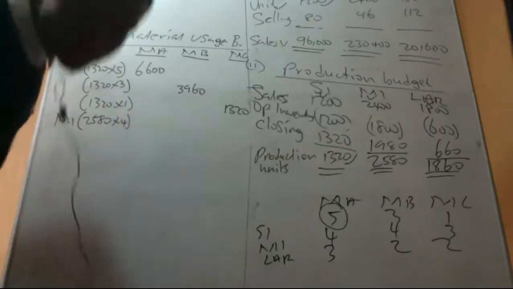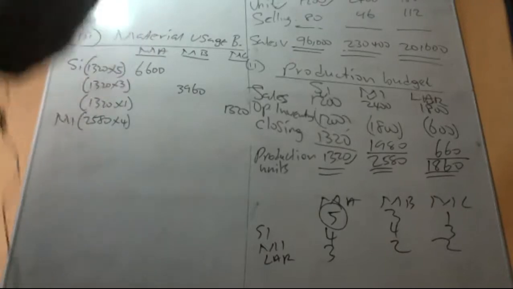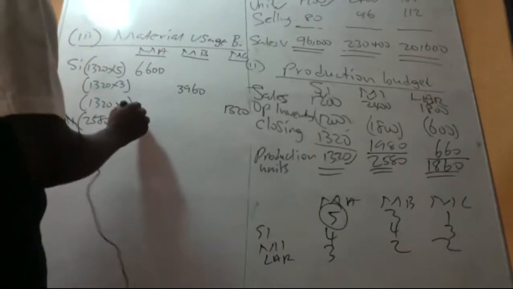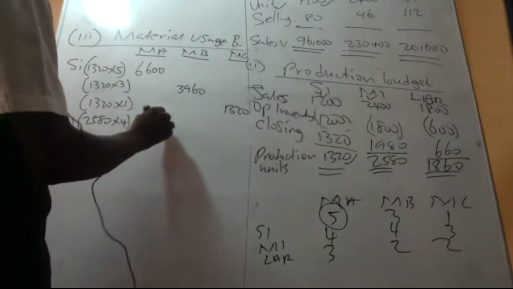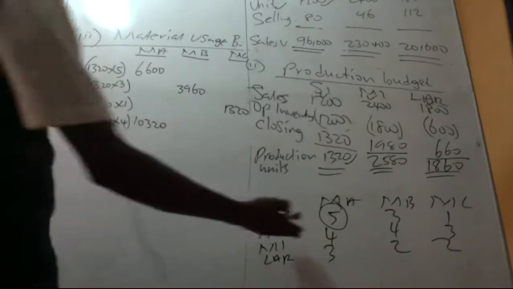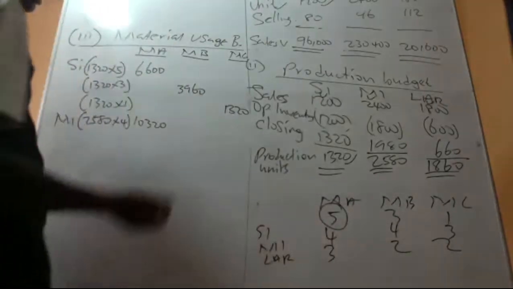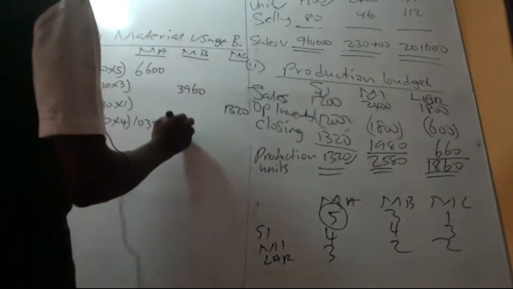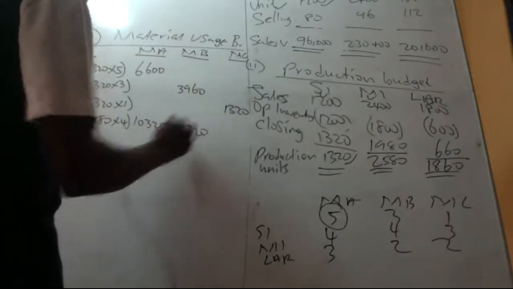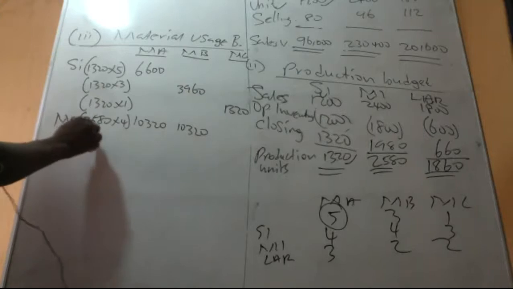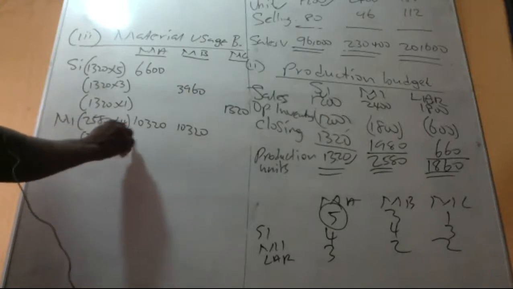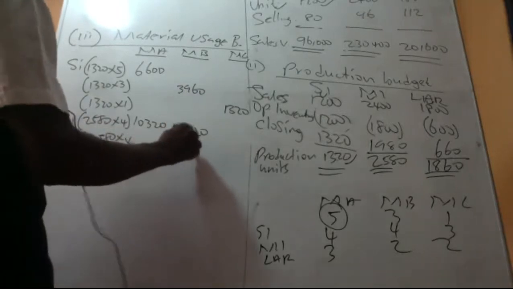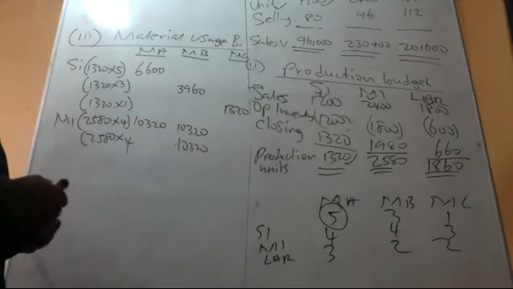Yes. 10,320. The second one too is 4, so probably we can push the same figure here. Or you open your bracket nicely like this by 4 and put it here. Yes, you step it down.